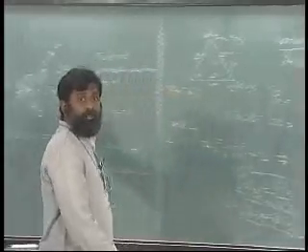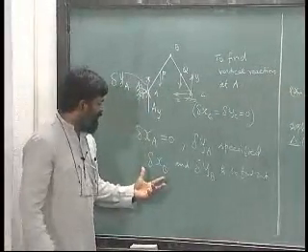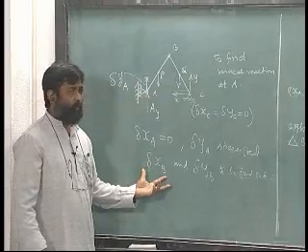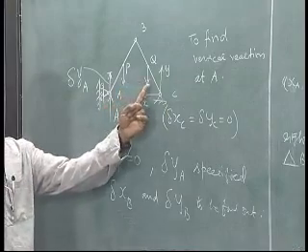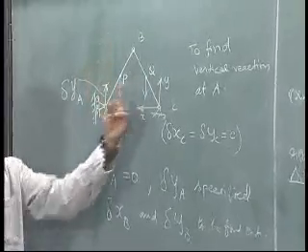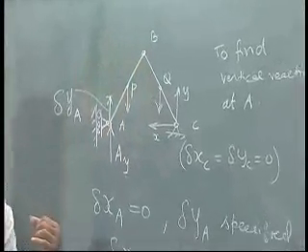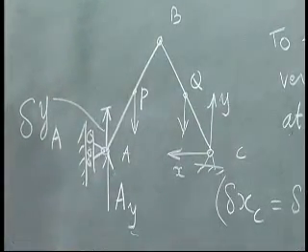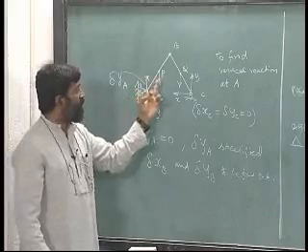Now going back to this particular problem, do I need delta xb? The answer is no, because I need to get only the values of delta yp and delta yq. For that I do not need x, alright. How do I find out delta yp?